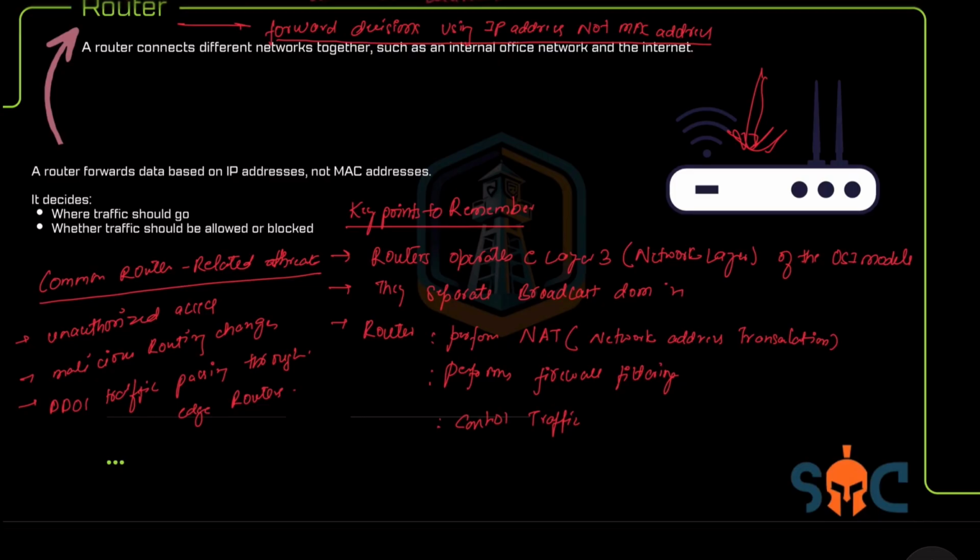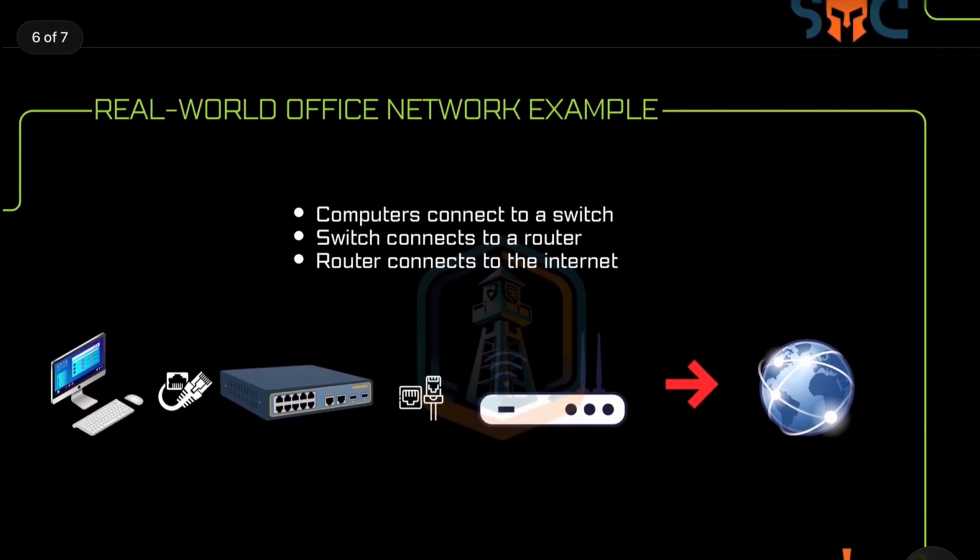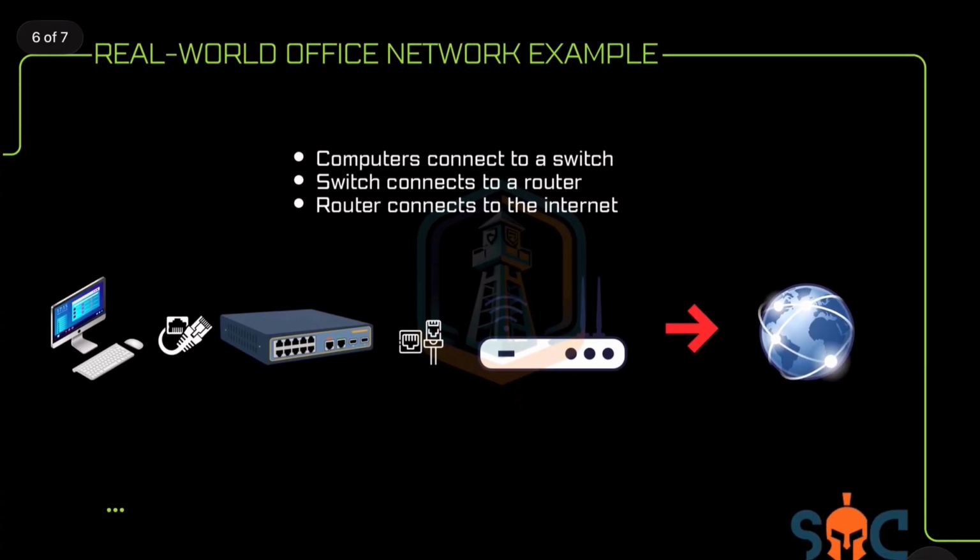Okay, this is about the layer 3 device, that is the router, which works on layer 3 of the OSI model. Now moving to our real world example.